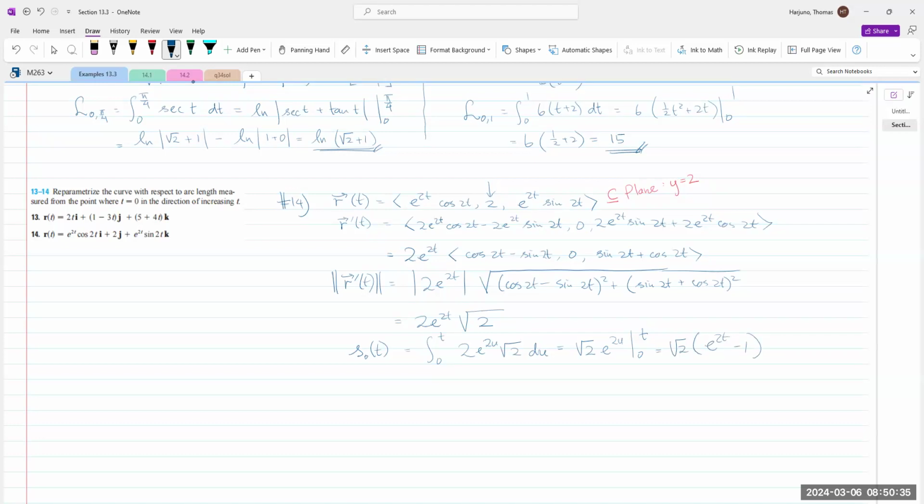Now, when we reverse that, we want to have t as a function of s. That will be s over square root of 2, plus 1. Let me do it a bit slower. This is e^(2t), such that t will be one half natural log of (s over square root of 2 plus 1).